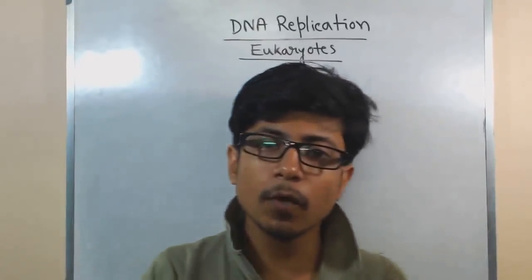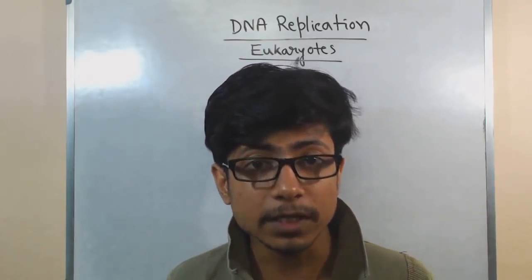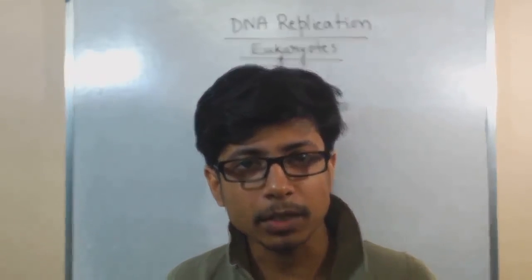So I'll be going through 4 different video lectures regarding this DNA replication process in eukaryotes. In this first lecture, I'll be talking about the basics of the DNA replication process: an overview of DNA replication in eukaryotes and the types of enzymes involved, and also where exactly eukaryotic DNA replication differs from replication in prokaryotes.